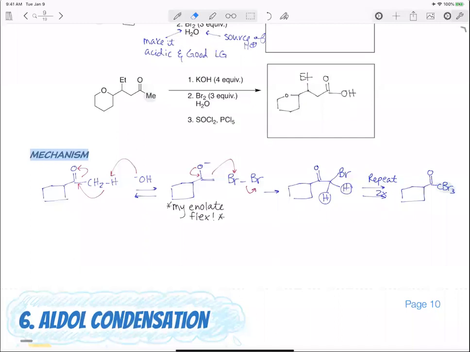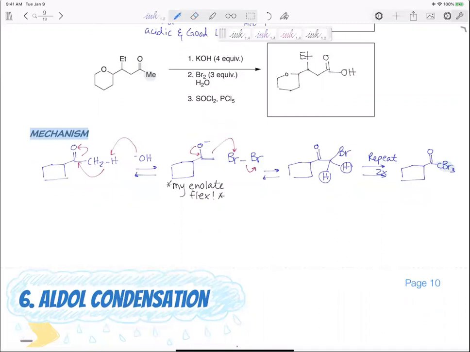Okay, so then my base is going to come back. Don't forget you have more bases than halogens, right? So another base is going to come back to conduct a nucleophilic attack. Sorry, electrophilic... no, nucleophilic attack. What am I doing?